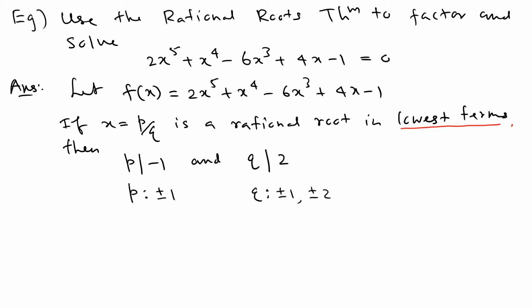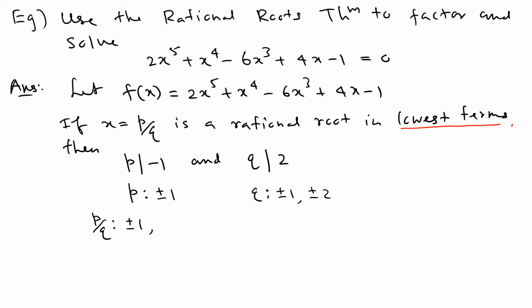Now we can write the possibilities of p over q. You can consider all possibilities, so start with the easy ones. If you start with p = 1, q = 1, you get 1. If you take the opposite sign, you get -1. So p over q also has plus or minus, and plus or minus 1 is always there.